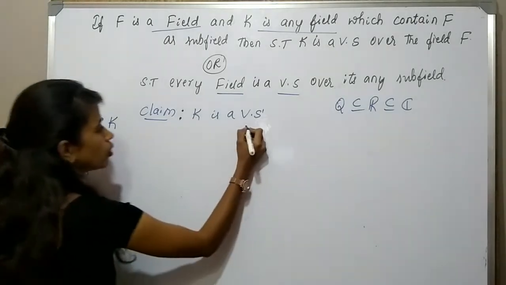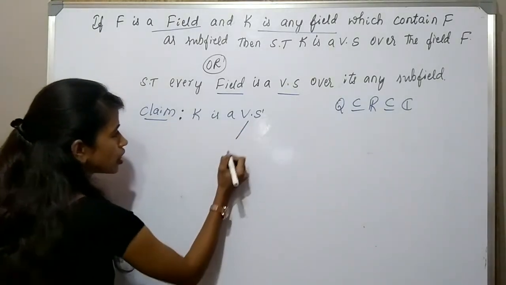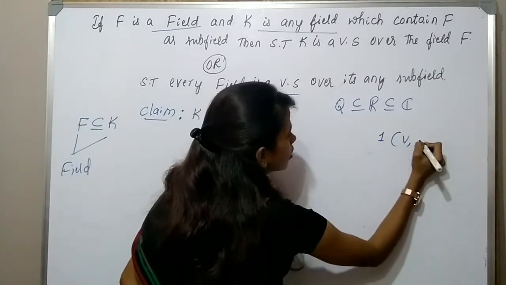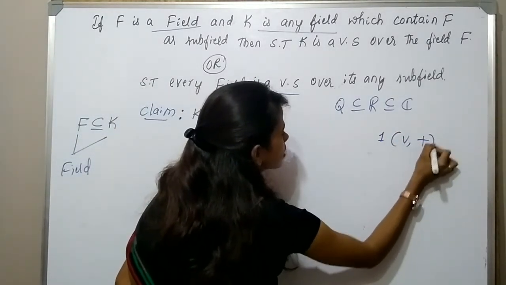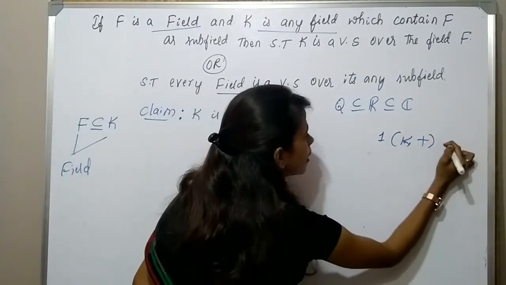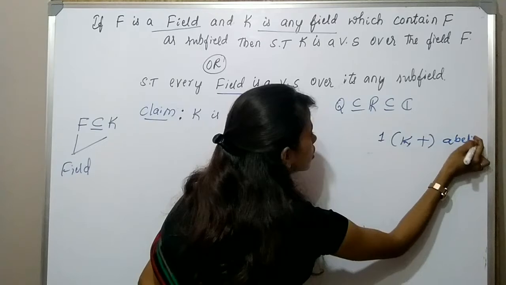So first, to be a vector space, what are the conditions? First condition is that (V, +) must be an abelian group. Here K must be a vector space, therefore (K, +) must be abelian.